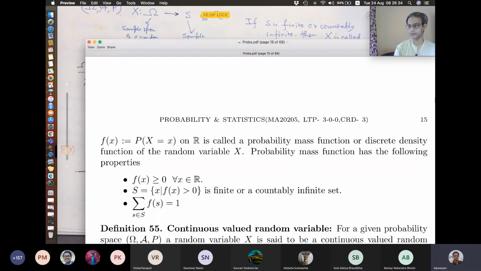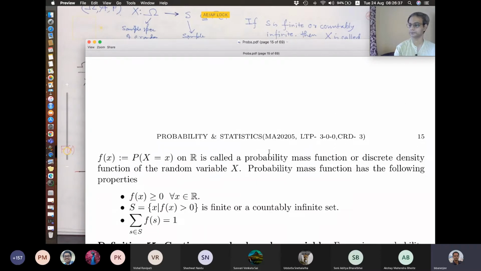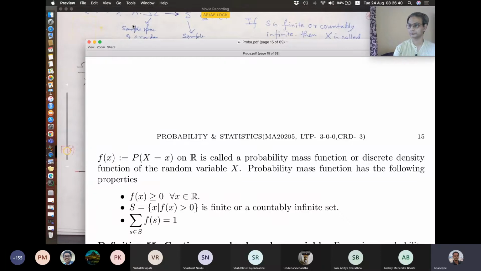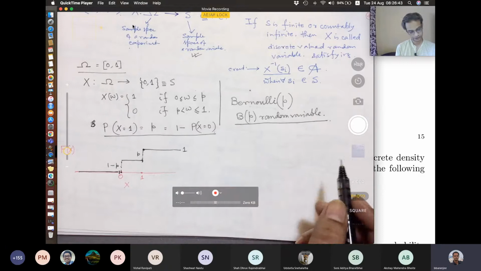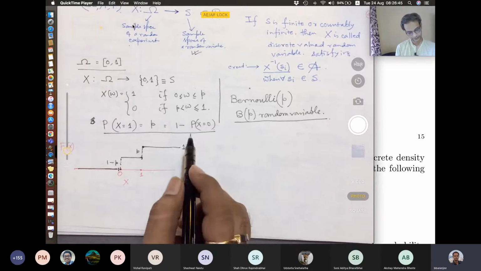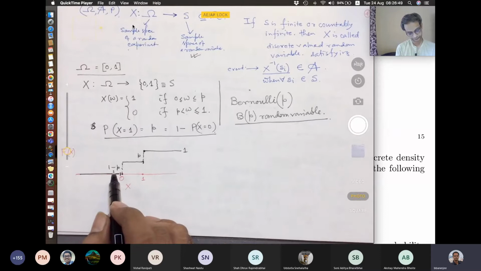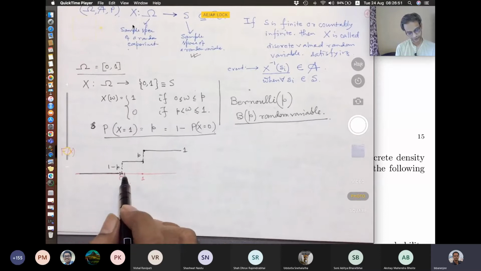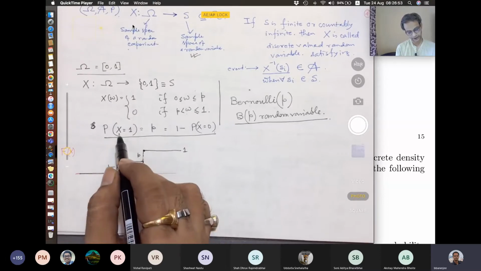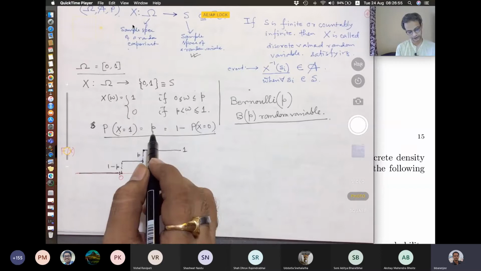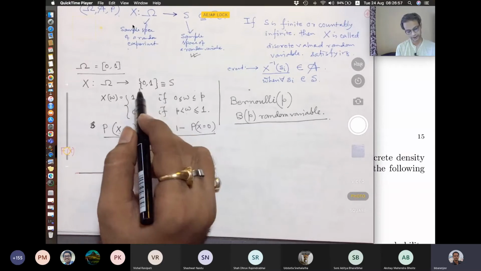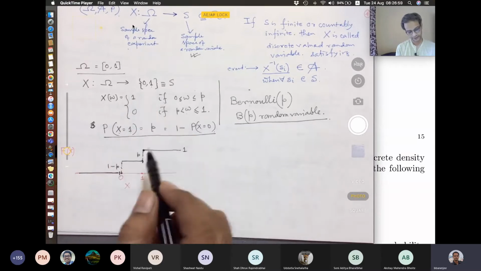Yes, please. Sir, I have a doubt in this 1 minus p. Like how we got this 1 minus p, I'm a bit confused here, sir. So if you have probability x equals 1 is p, x can take two values 0 and 1.